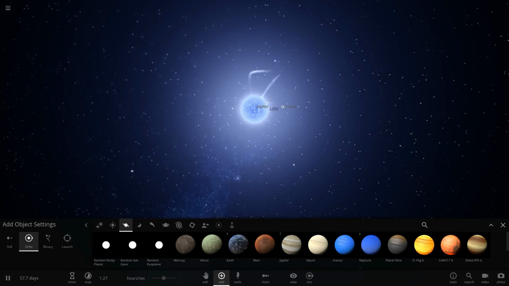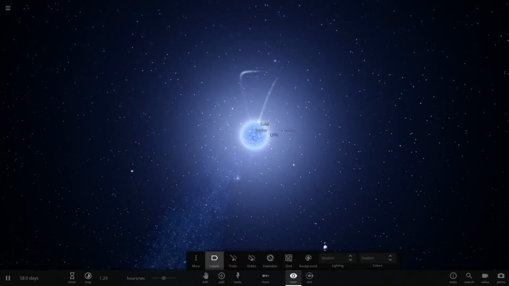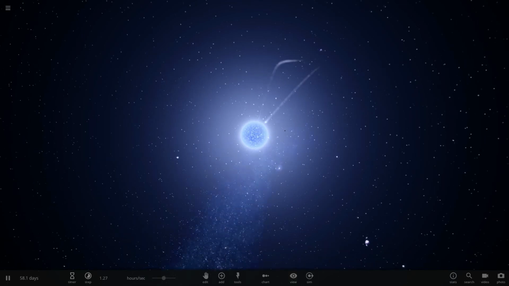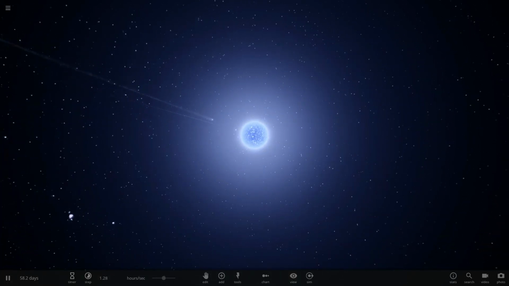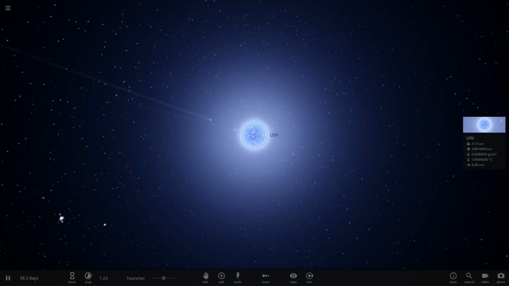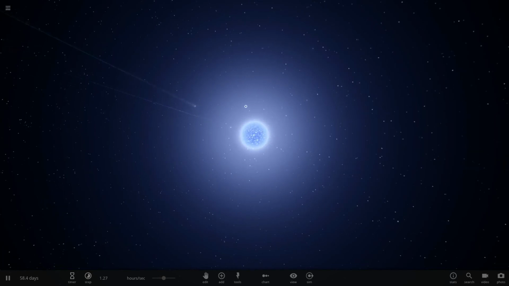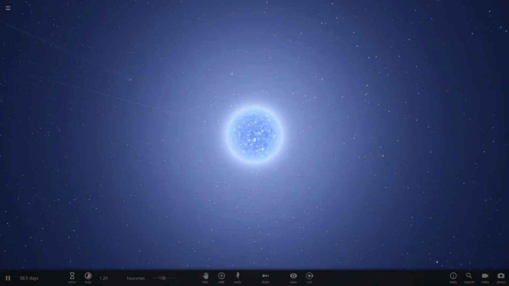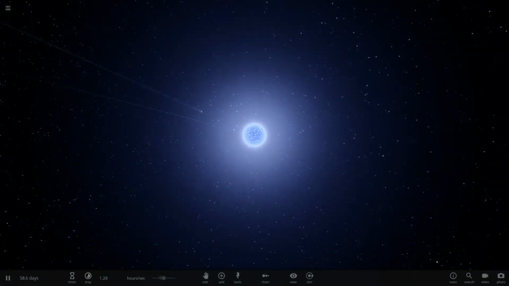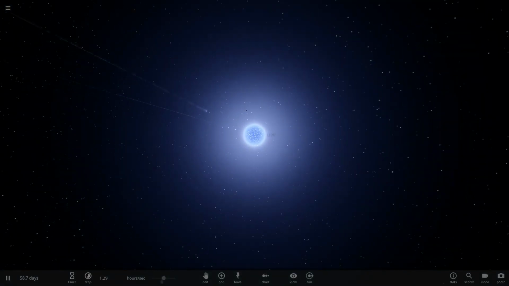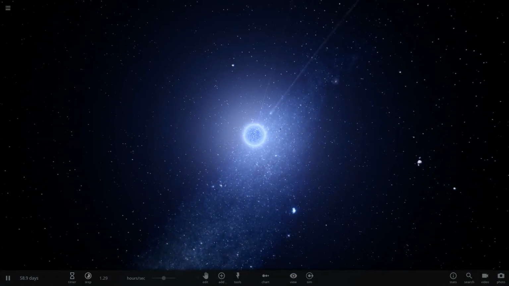That's a big tail. That's a crazy long big tail. That tail is so big. What? The star is so powerful. It is so undeniably powerful.